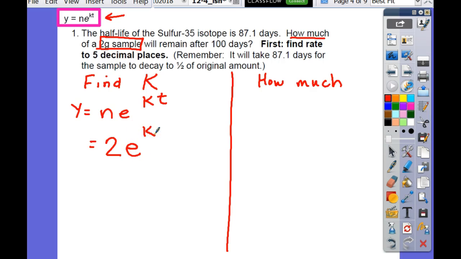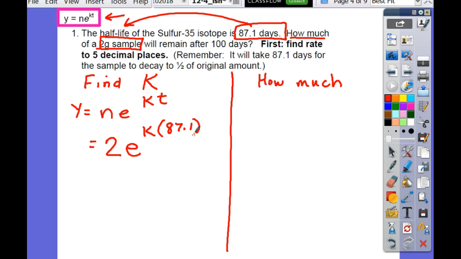We don't know the K, but after this many days, half of it's gone. That's what we mean when we say a half-life. That's the T. That's how long it takes for half of it to decay.